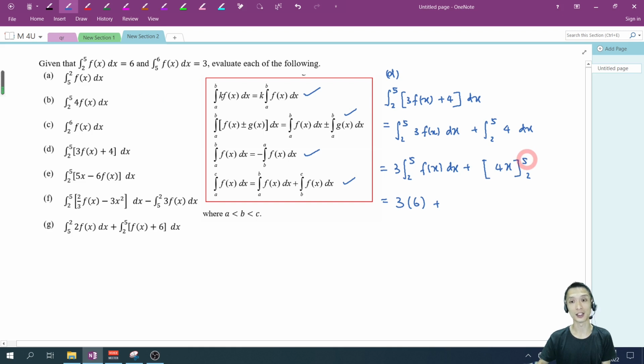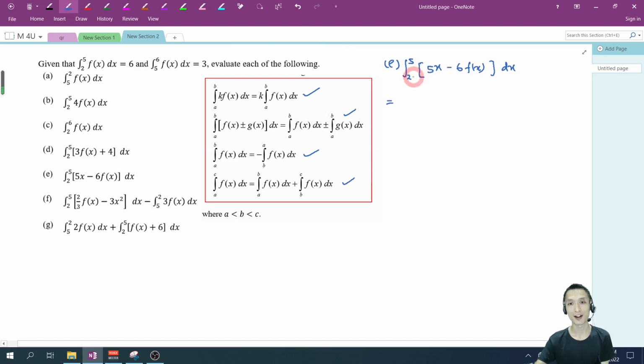We substitute the upper limit inside first: 4 times 5, then minus 4 times 2. This will give you 18, 28. So the final answer is 30.